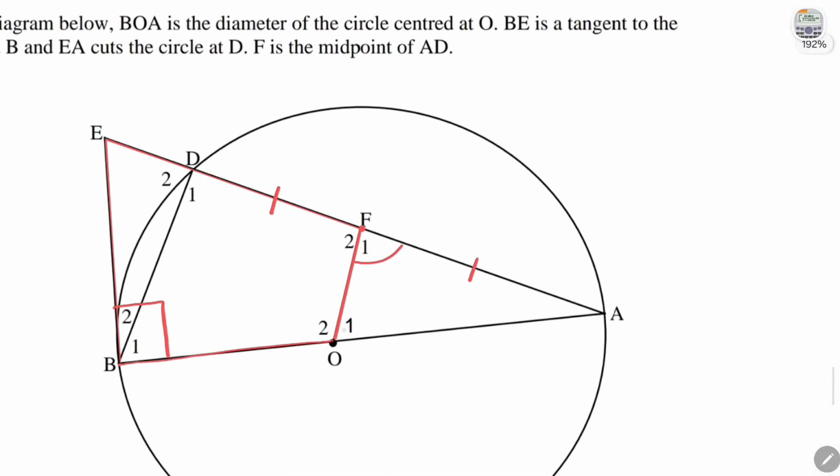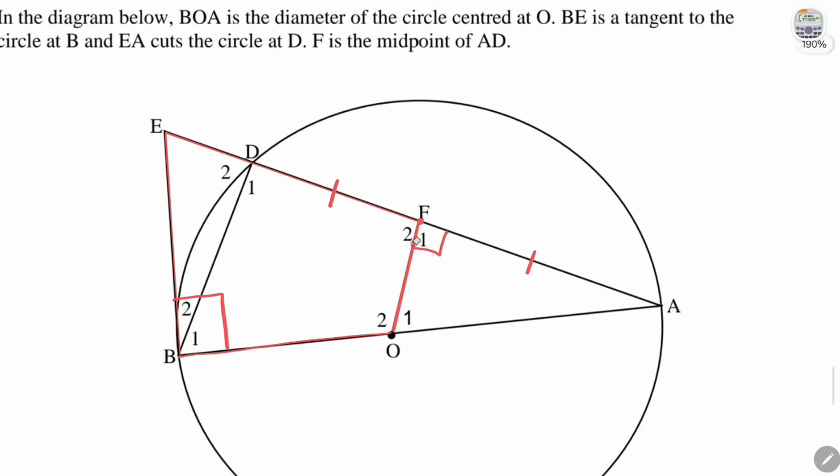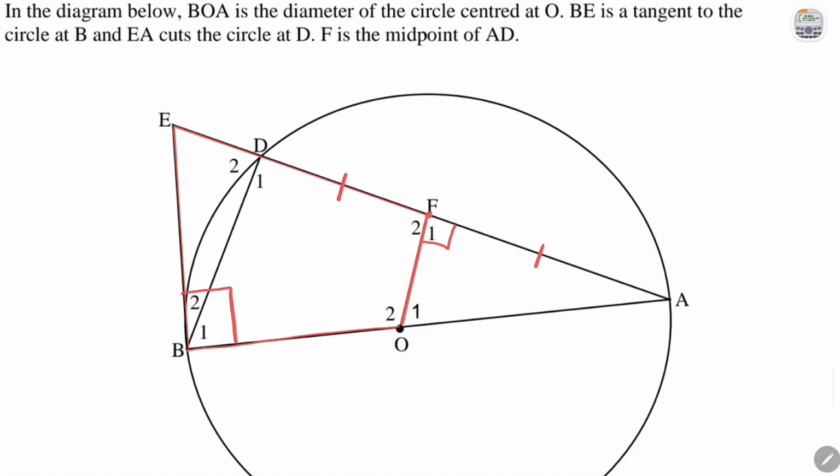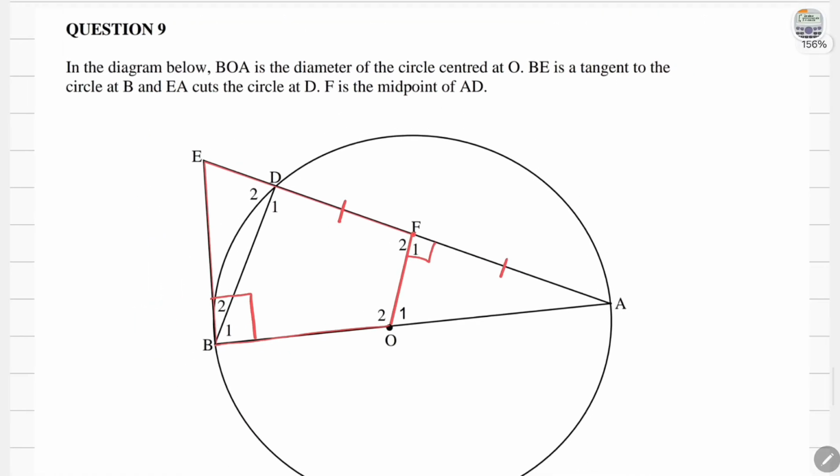And over here, we have a situation where we have a line drawn from the center of the circle to the midpoint of a chord. That line is going to be perpendicular to the chord using the converse of the first theorem you learn with circle theorems. And now do you see that the exterior angle of this chord would be equal to the opposite interior angle? So that's what we can focus on.